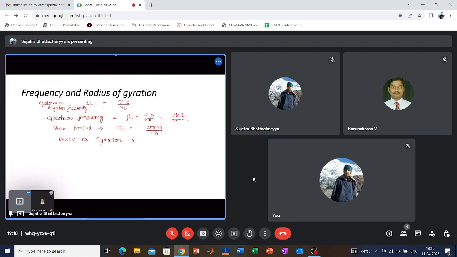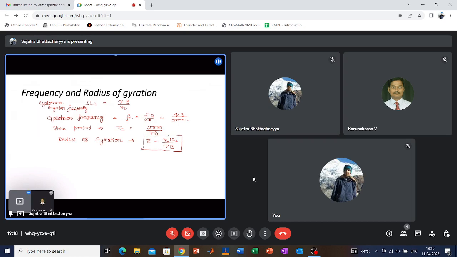The radius of gyration is m v perpendicular divided by qB. V perpendicular is perpendicular to the direction of the magnetic field, because we have considered the magnetic field to be in the z direction.